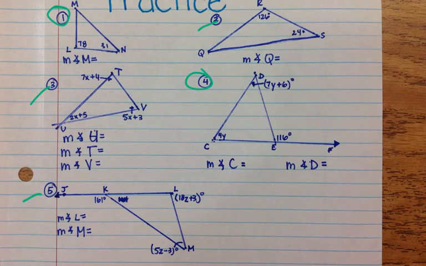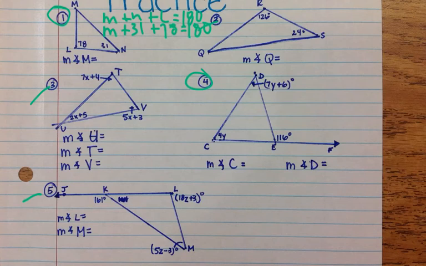I know that it's going to be M plus N plus L equals 180 degrees. Angle M, I don't know, so it stays M. Angle N, I know it's 31 degrees. And angle L, I know it's 78 degrees. And this still equals 180 total. Now my next step is to combine like terms.